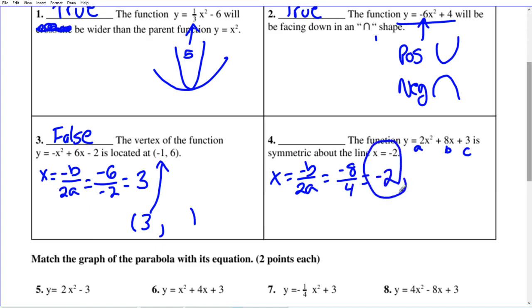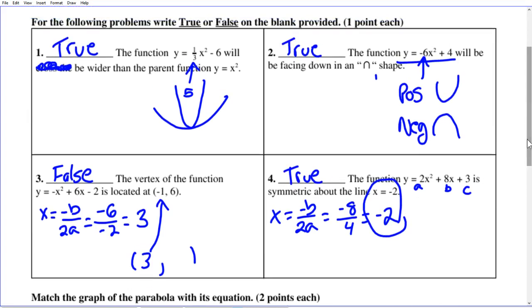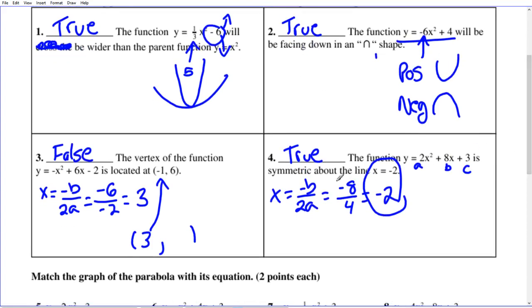Hey, that worked. My line is symmetrical across x equals negative 2. True. Okay, so you're going to have 4 true-false problems, basic skills. Wider, narrower. You could be asked about the c value if it moves your function up or down. You could be asked about the line of symmetry or about the vertex.